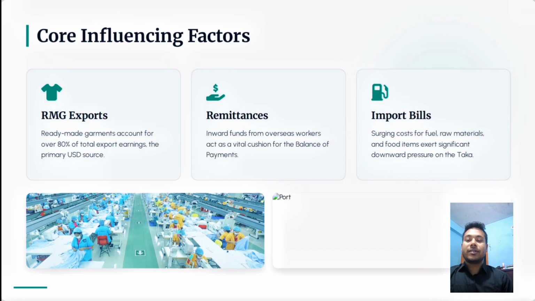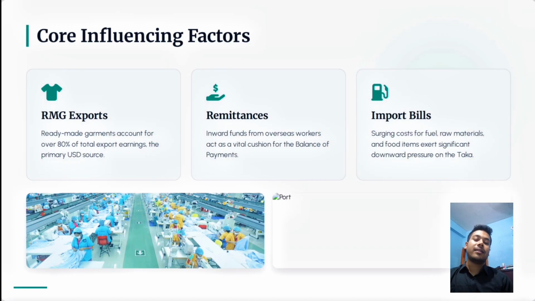Ready-made garments account for over 80% of total export earnings, the primary source of foreign currency like USD. And remittance: inward funds from overseas workers act as a vital cushion for the balance of payments. This is one of the major sources of foreign currency for our country.